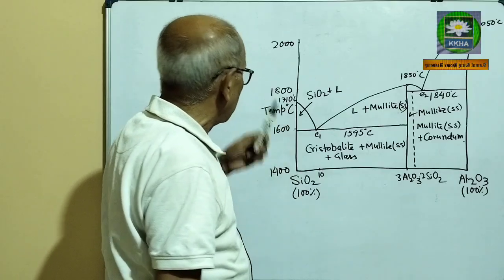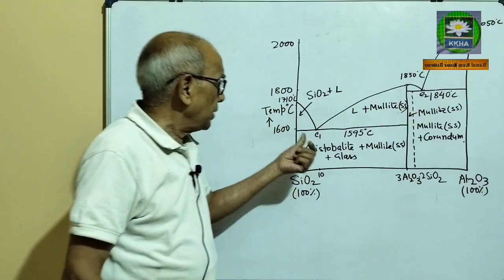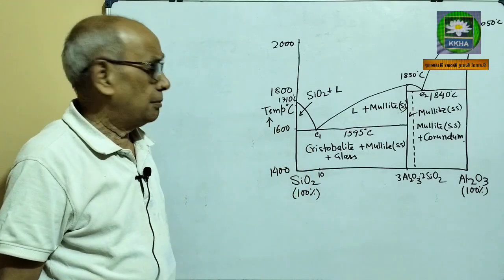So in silica bricks, alumina content should be as minimum as possible.